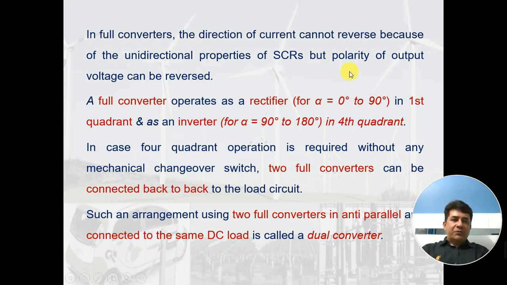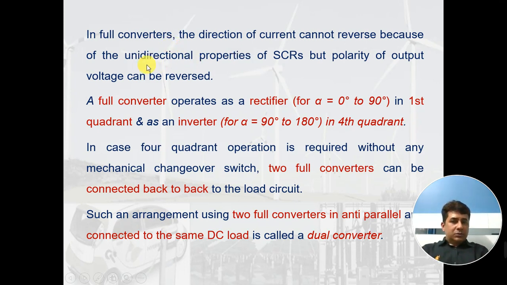If the value of alpha is kept from 0 to 90 degrees, we get the output voltage as positive, while if we keep the value of alpha from 90 to 180 degrees, we get the output voltage as negative. So the output voltage for a full converter can be positive or negative based on the value of alpha at which the thyristors are fired.